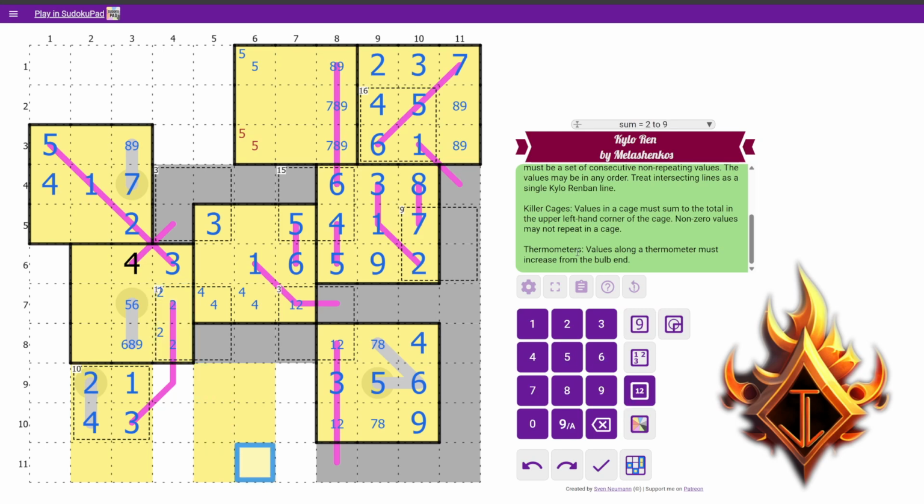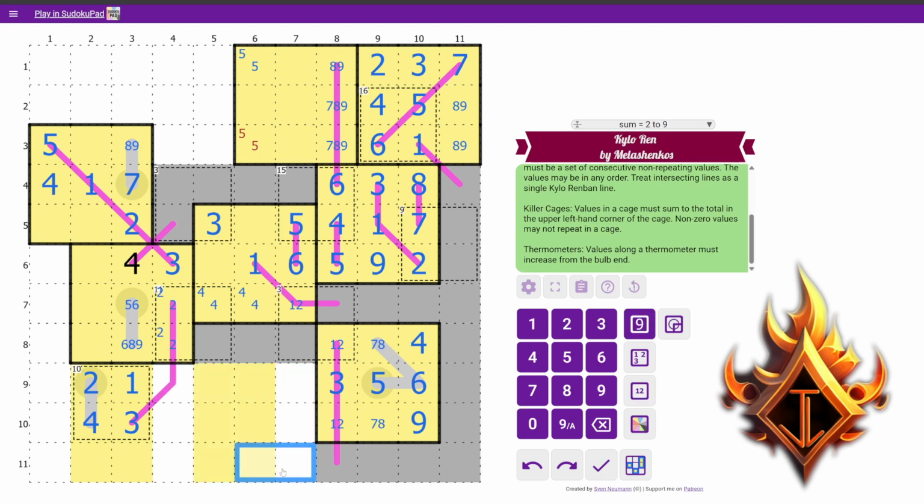3 is in one of the... Oh, it's either... Oh. Oh. Oh. If this is yellow, 3 must go there.